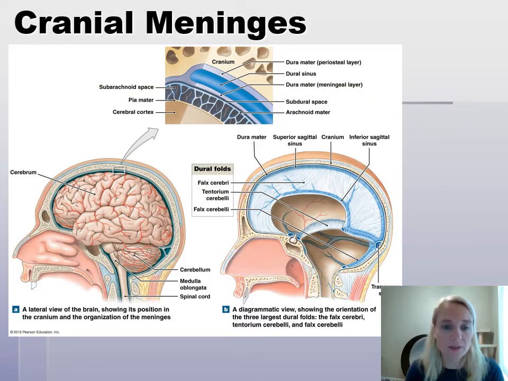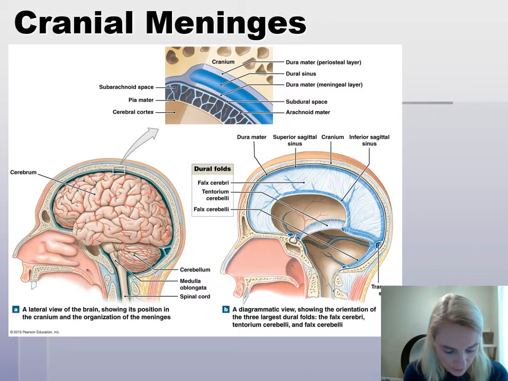Next, we're going to take a look at the meninges. We have some familiarity with the meninges already because we covered that in chapter 13. If you'll remember, we have dura mater, arachnoid mater, and pia mater. It's the same terminology that we're using with the brain. We just have to add a few things that are specific to the brain itself, which makes sense.